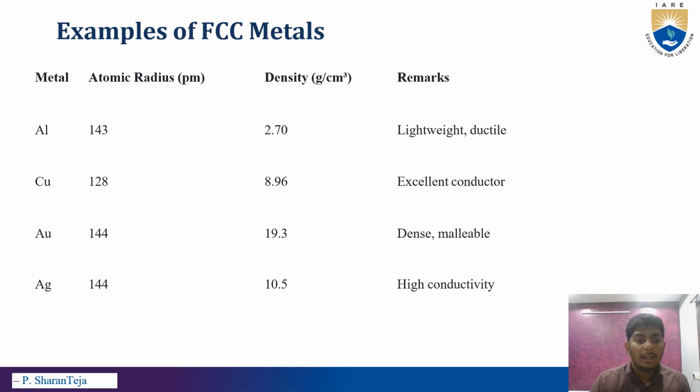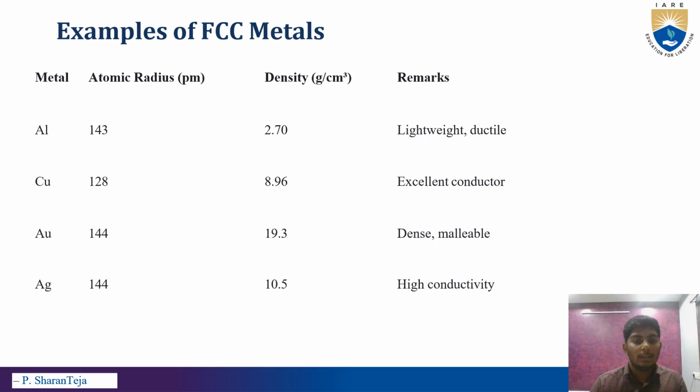And metal like silver (Ag) has 144 pm and density 10.5 grams per centimeter cube. Remarks: highly conductive. The applications of aluminum are in aircraft, packaging and automotive.